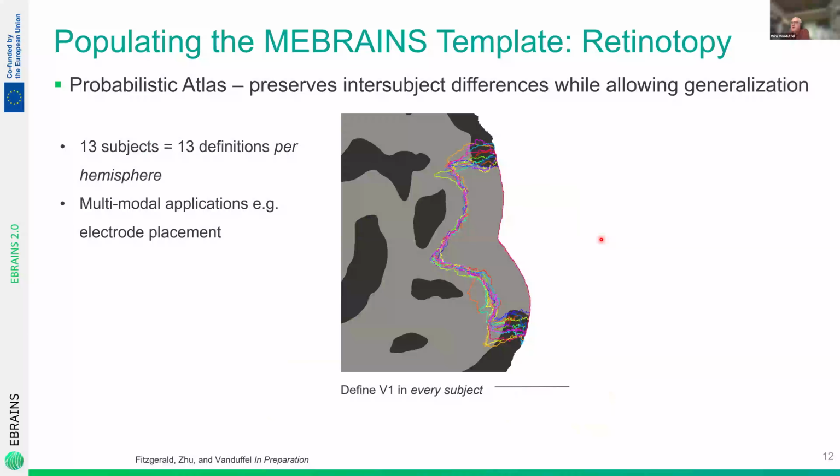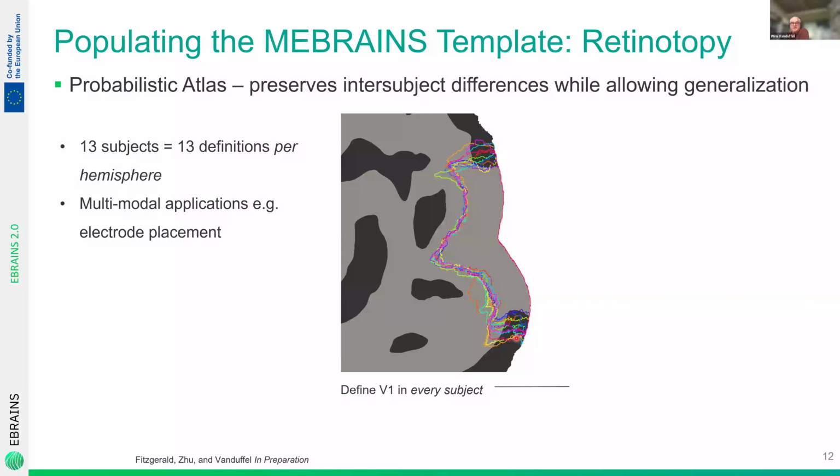A smarter thing to do, which preserves the intersubject differences while still allowing generalizability, is to create what we call probabilistic maps. Here, for example, the different outlines that you're seeing on this flattened left hemisphere of MEBRAINS are the V1s that we mapped in every single subject.